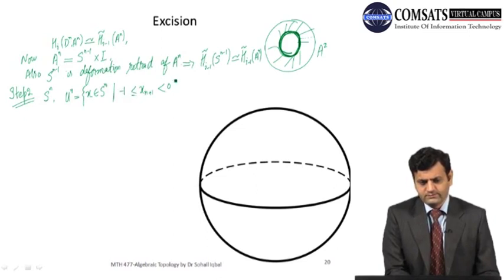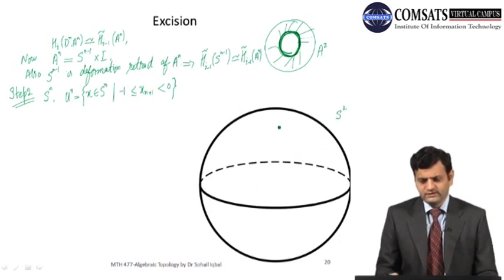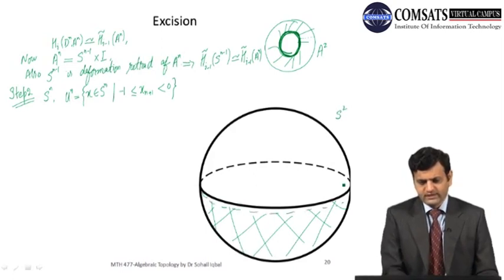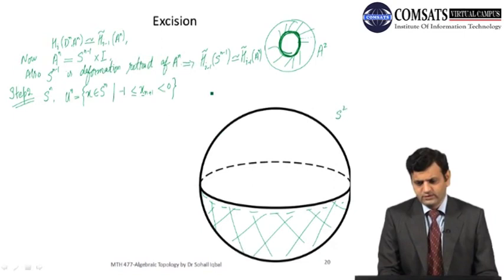Now let's once again consider the two-dimensional case and consider this sphere in three-dimensional space. This U2 will be this lower hemisphere, but the points on the xy plane are not included because there is this strict inequality. So why is this the lower hemisphere?